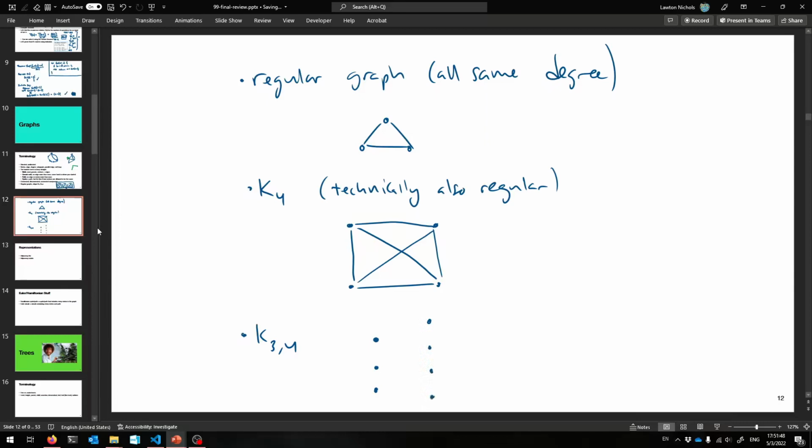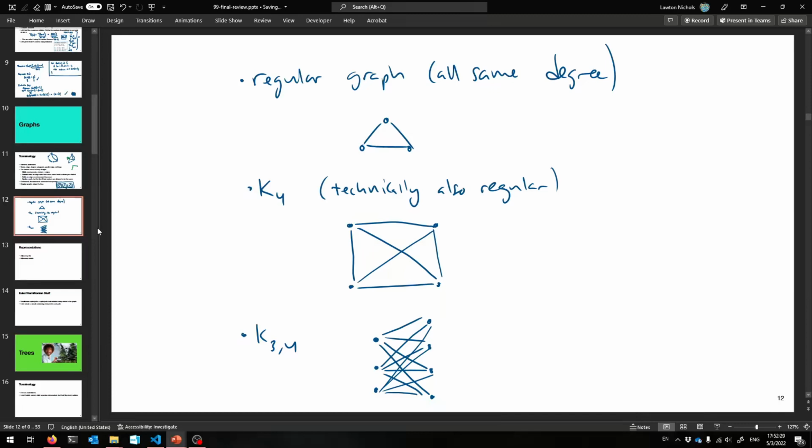This is similar to cliques, but the idea is that these nodes can't touch each other, these nodes can't touch each other, but every node here knows how to get to everybody else in the other section immediately. So there's 4 edges here. Let me try and draw better lines for you. This one has a way to get to everybody on the other side immediately. 1, 2, 3, 4. So there's going to be 4 times 3 edges. 1, 2, 3, 4. There we go.